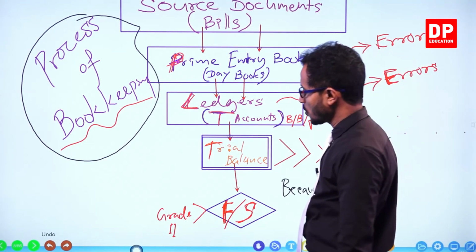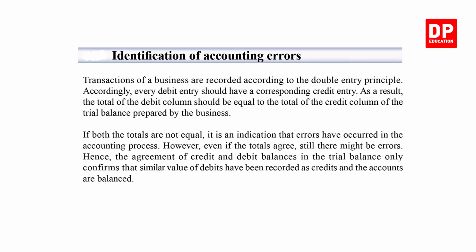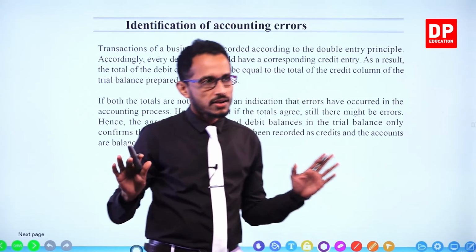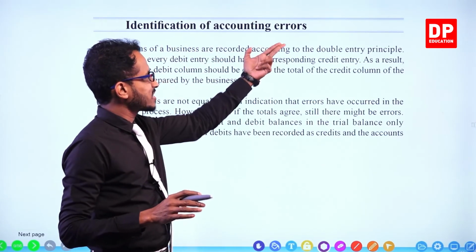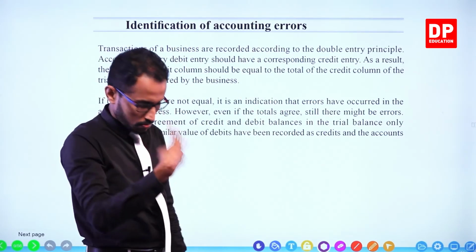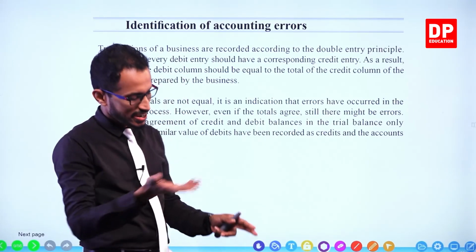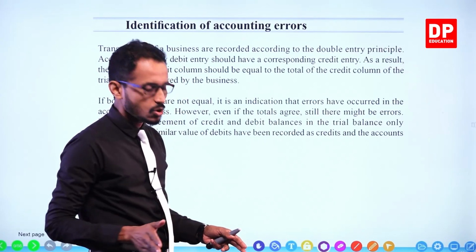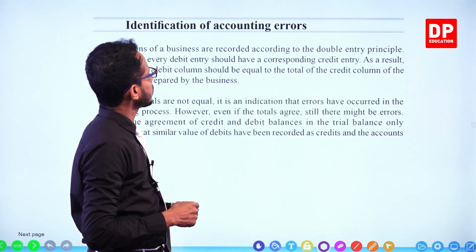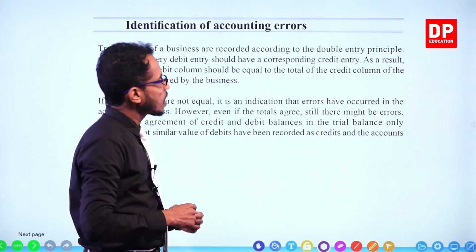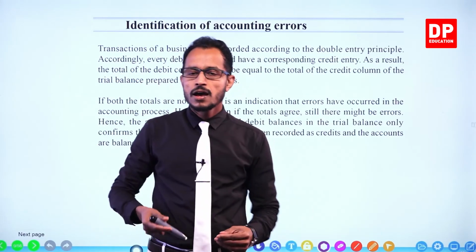All right, so next, children, we have identification of accounting errors. We must identify accounting errors. Errors identification means you must be able to trace out errors and identify what type of error has occurred. So we'll take that in our next chapter.